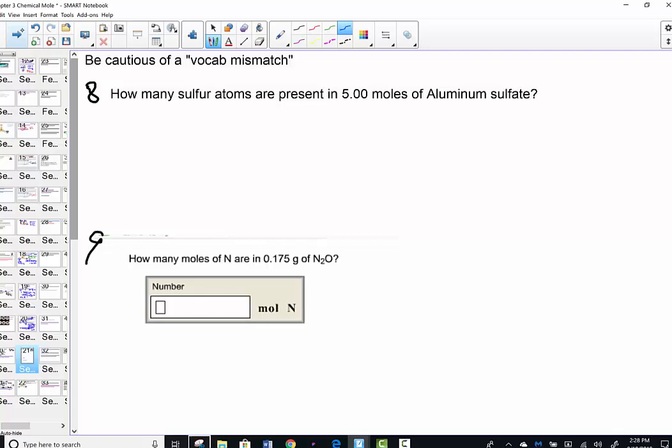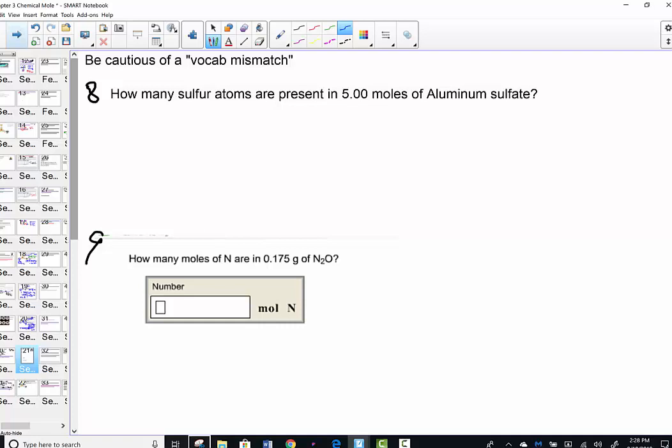How many sulfur atoms are present in 5 moles of aluminum sulfate? I'm asked to count individual atoms of sulfur, but I'm given something much larger called a compound. When I see that, I know that it's kind of a trigger for me, a word clue, that it's going to be a 2-step conversion factor, a vocabulary mismatch.